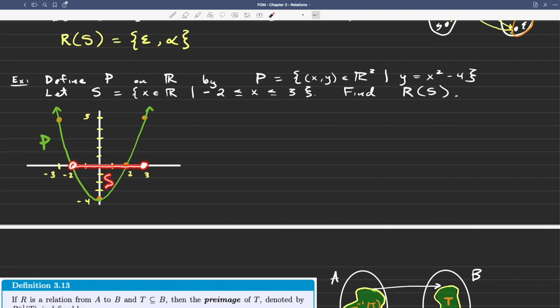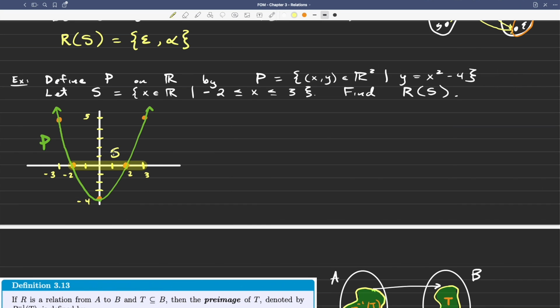on the x-axis. And then you just ask yourself, what are the y components that are paired up with those x coordinates on that piece of the x-axis called S? Let me highlight that. So think about the y components that are paired up with S there. S is highlighted on the x-axis.